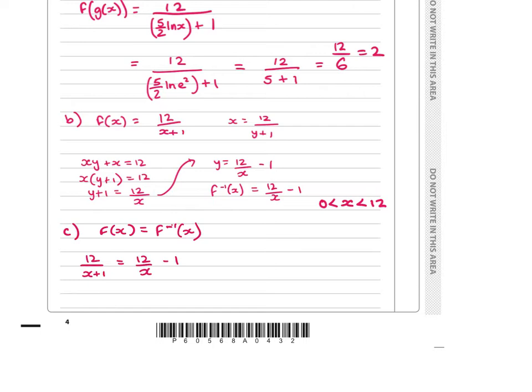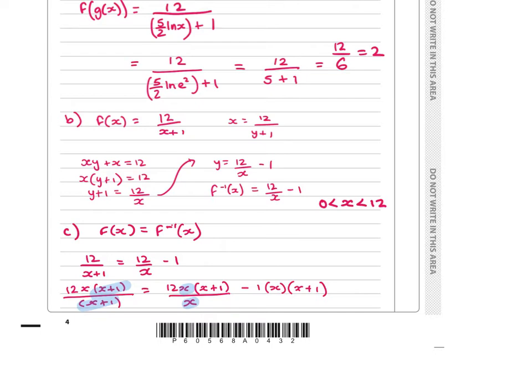So I'm going to get 12x times x plus 1 over x plus 1 equals 12x times x plus 1 over x minus 1 lot of x plus 1. I've multiplied everything by the denominators we had, which was x and x plus 1. Now what you're going to find is that this is going to cancel, this is going to cancel.